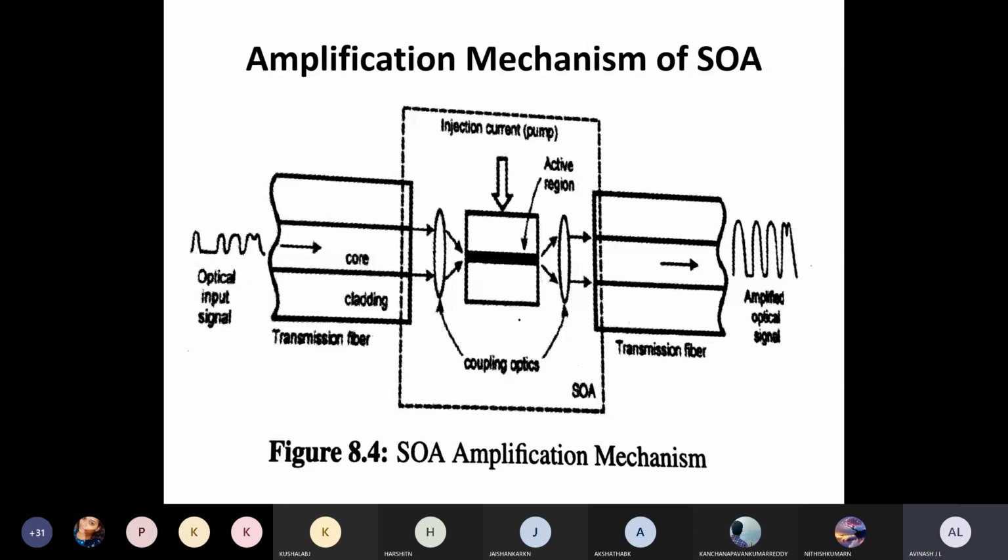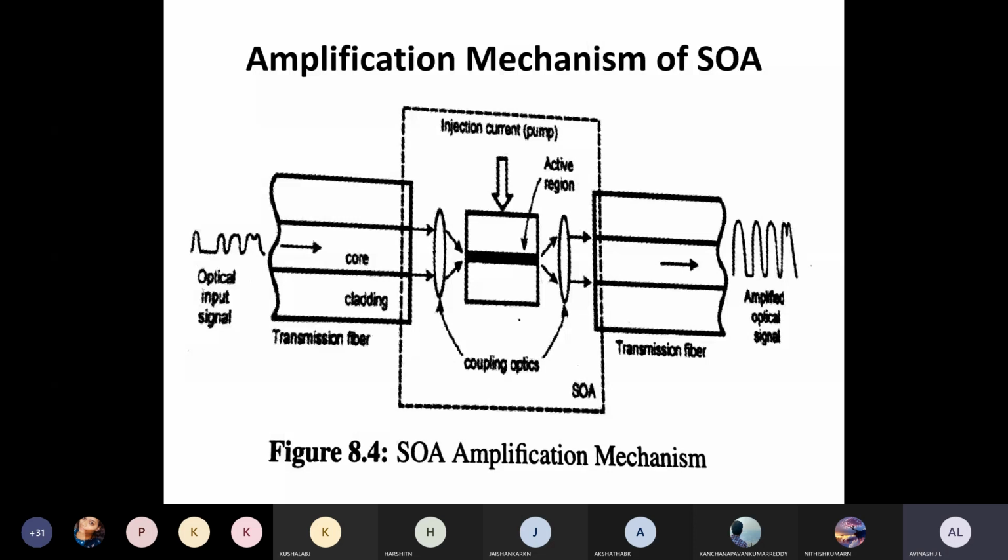Okay. So in the active region, this is exactly the thing. Here, how much energy needs to be increased, that much amount of amplification is going to be achieved.